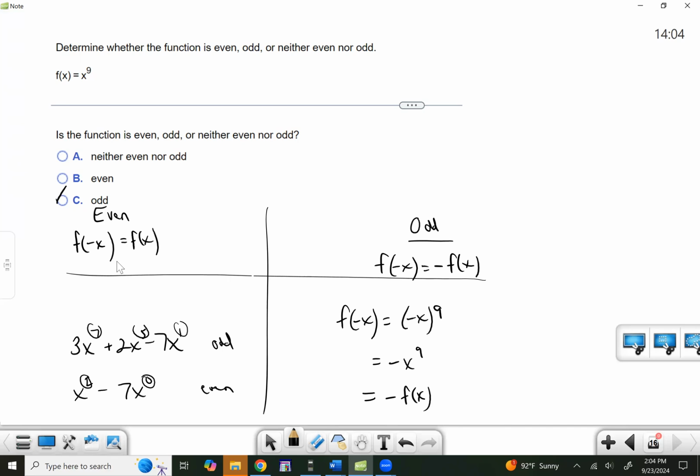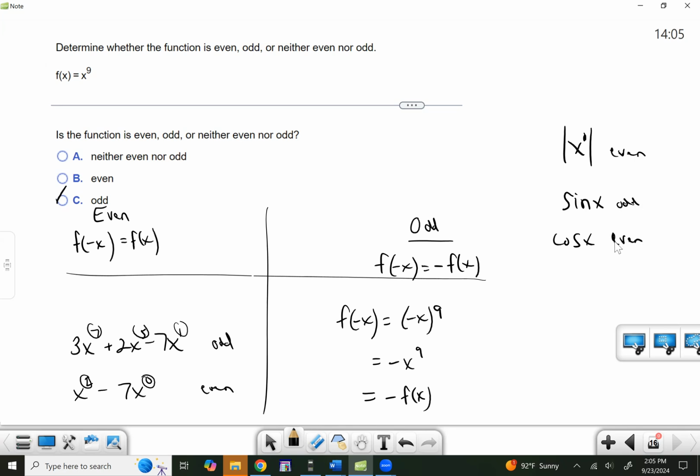Now, why do we teach these definitions of even and odd? Because in the future, you're going to have functions like this, where they're not polynomials, or even a function like this. And in these functions, it has nothing to do with the exponent. By the way, the exponent here is 1, but this turns out to be even. And this one right here is odd, while this one is even.